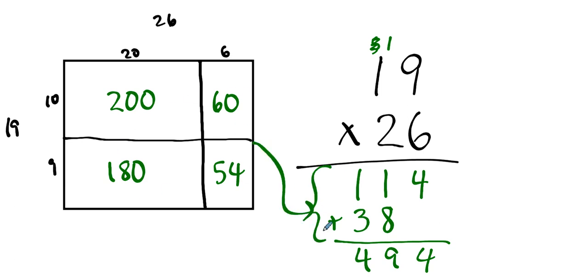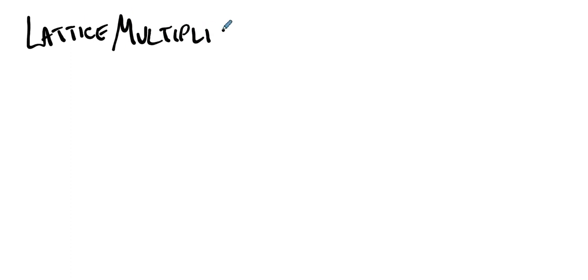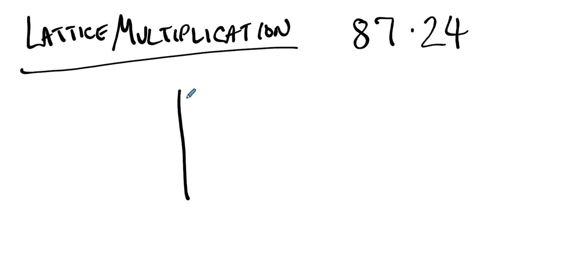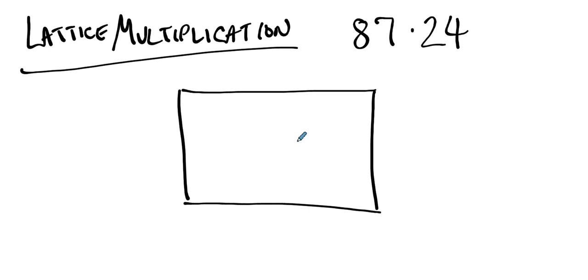The other method that sometimes is helpful is the process called lattice multiplication. And in lattice multiplication, let's pretend we want to multiply 87 by 24. The way the lattice works out, it's a 2-digit times a, oh, that's just hideous.